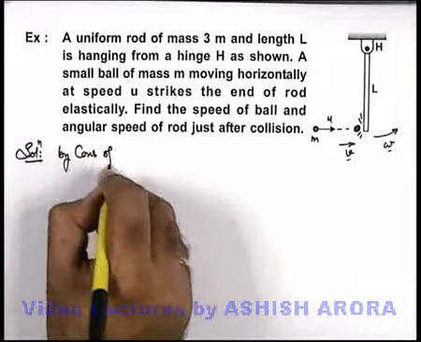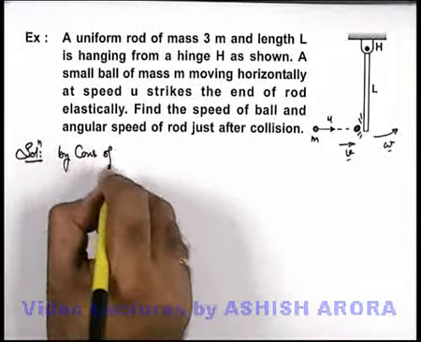about H, the initial angular momentum was muL, and after collision the angular momentum of the ball will be mvL plus the angular momentum of the rod, that is I omega. As the mass of the rod is 3m, its moment of inertia is 1/3 times 3m L squared, into omega.